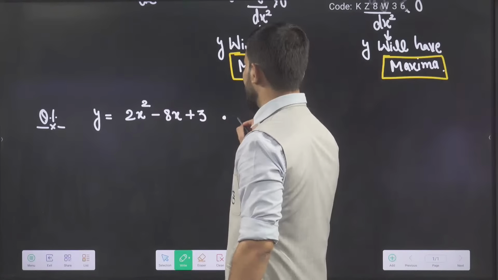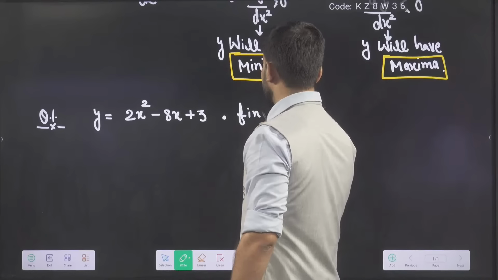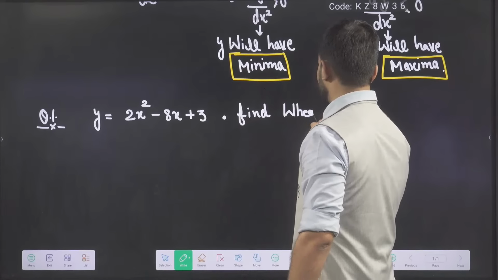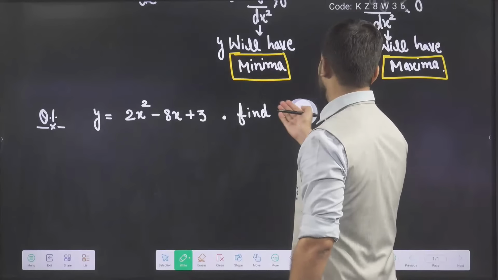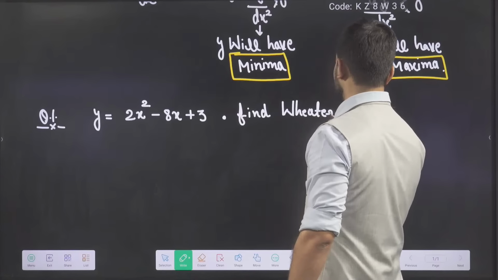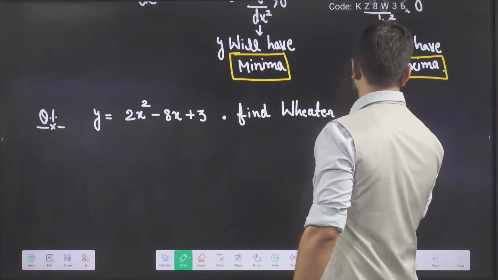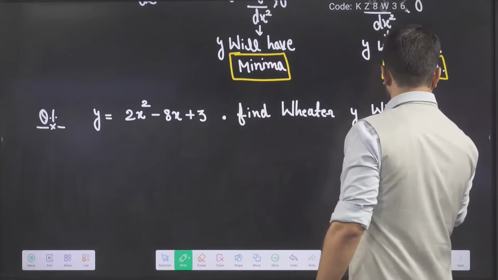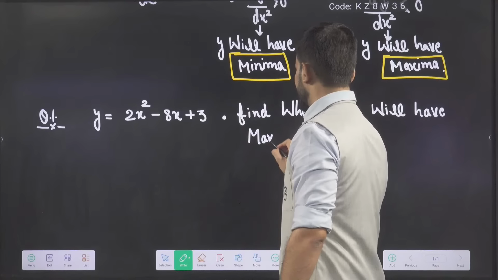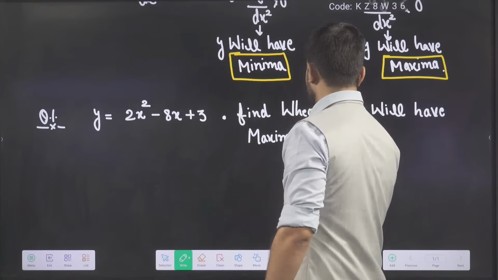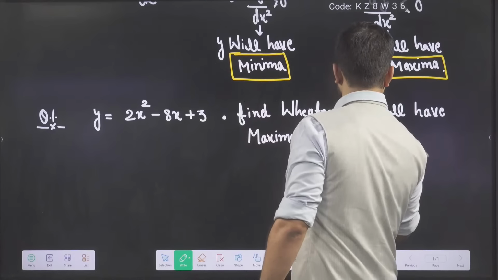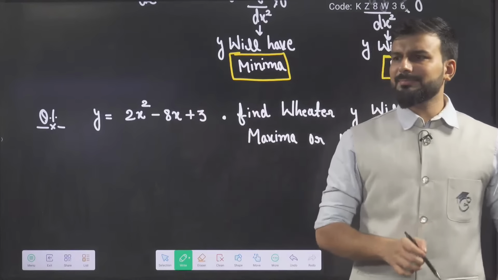First question: identify whether y will have maxima or minima. I'm not asking to find its maximum.